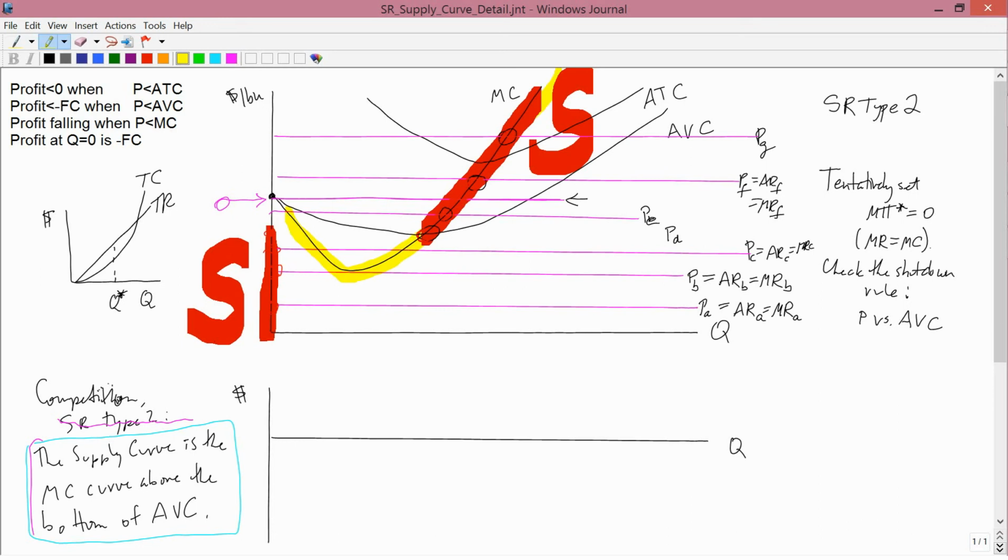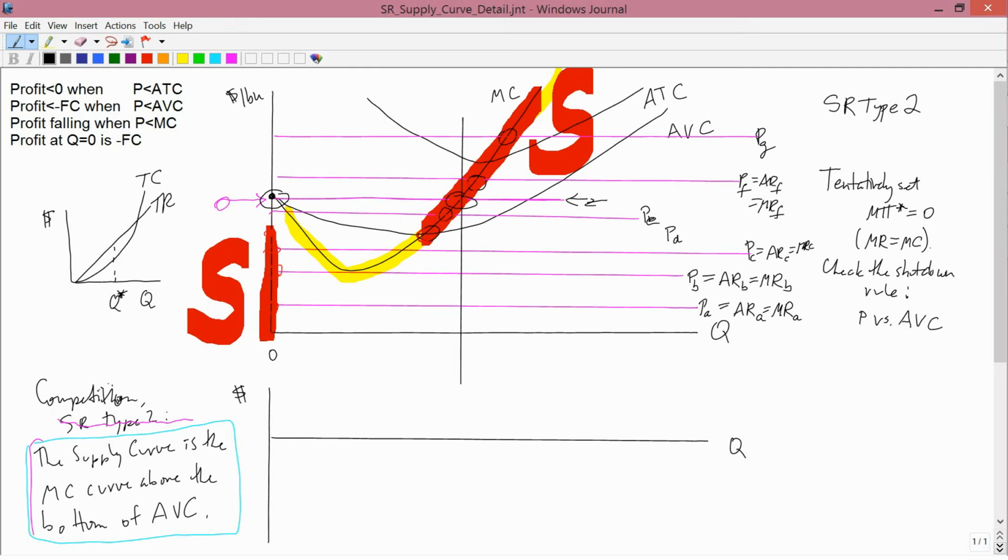So you've got two candidates where the MR curve, which is right here, hits the MC curve. This is one candidate, and this is the other candidate. So one candidate is 0, and the other candidate is here.